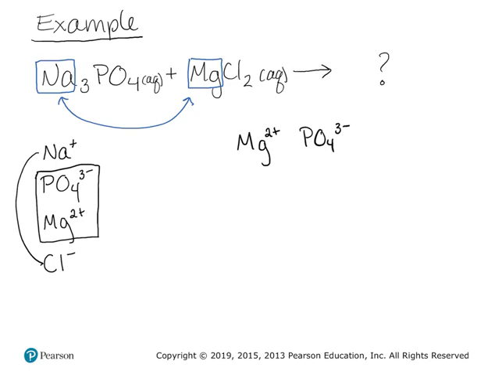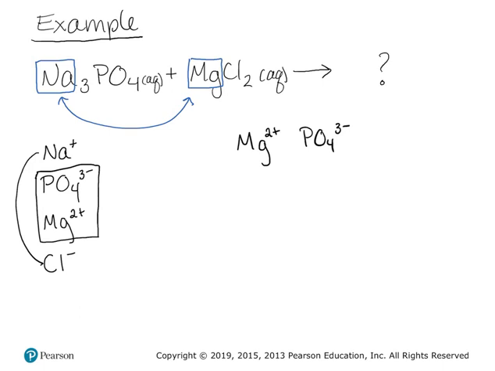Now remember, we have to balance the charges here. So how many magnesium ions do we need to balance the charge on phosphate? This one's a bit of a trick question, right? Because we need to balance both here.